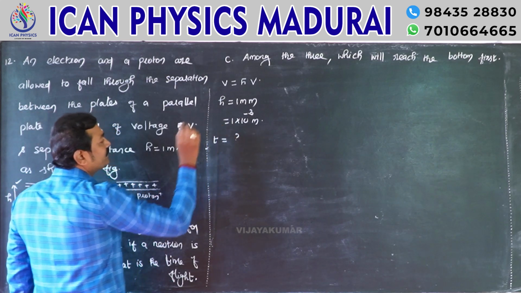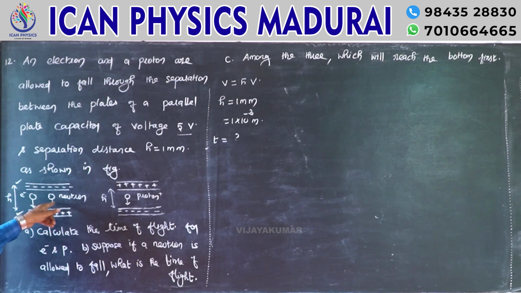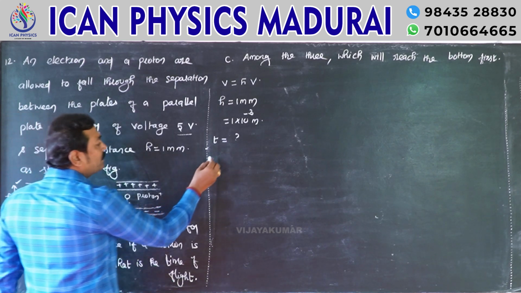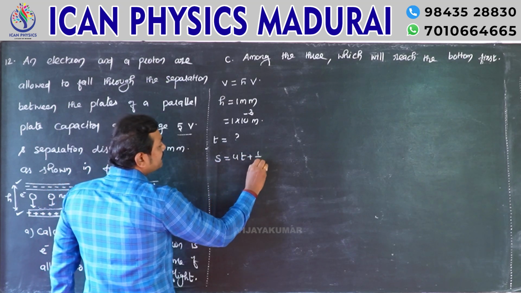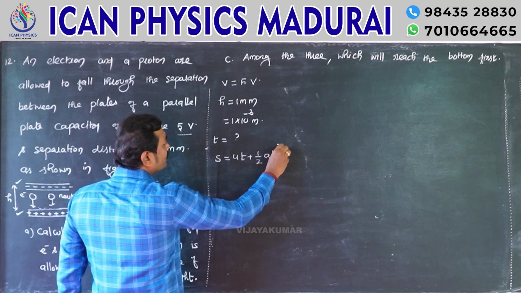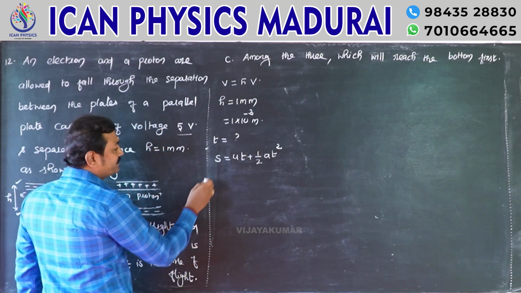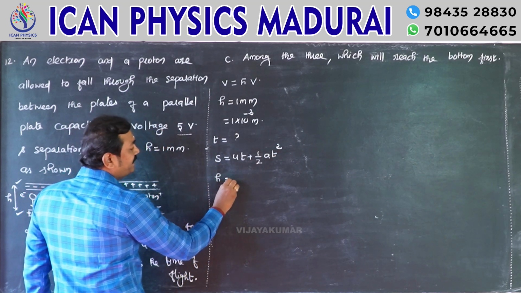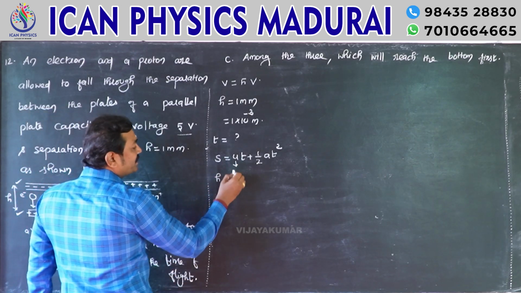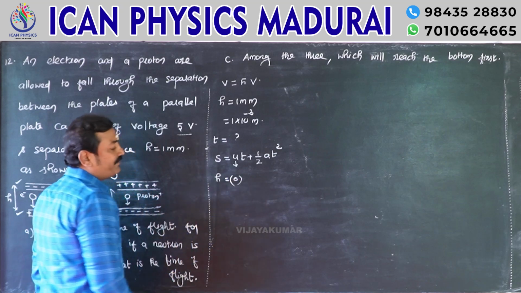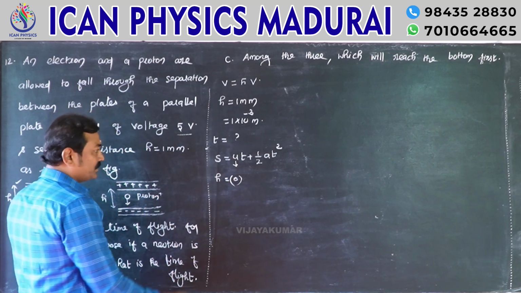Time of flight. In each case, for electron, neutron and proton, it is allowed to fall so that it displaces a particular height. So, I want to take the equation of motion S equal to ut plus half at square. S is the displacement between the two plates, so the displacement is h. u is the initial velocity; the initial velocity of free fall is always 0.